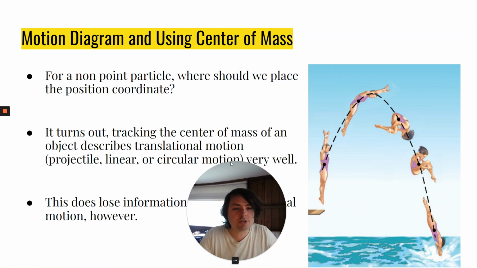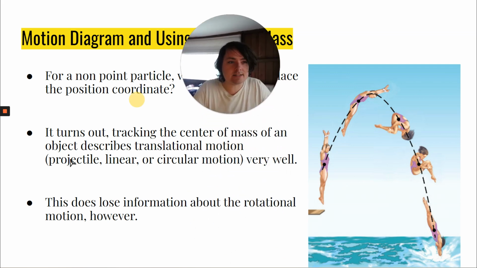Translational motion is anything such as projectile motion, which is like this, which takes a parabola type shape, or throwing a baseball. Linear motion, such as the car in the motion diagram I showed before, that's just in a straight line. Circular motion, such as the moon orbiting the Earth. Those are all translational motion, where tracking the center of mass is great.